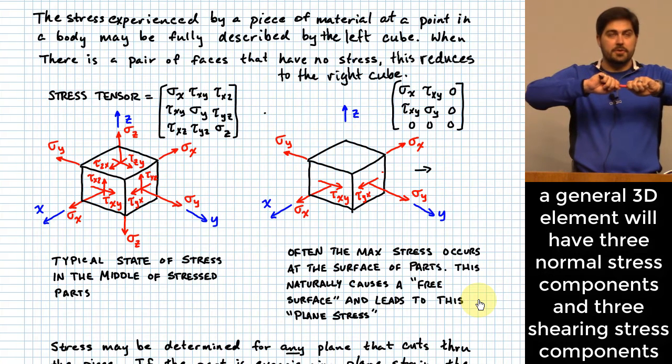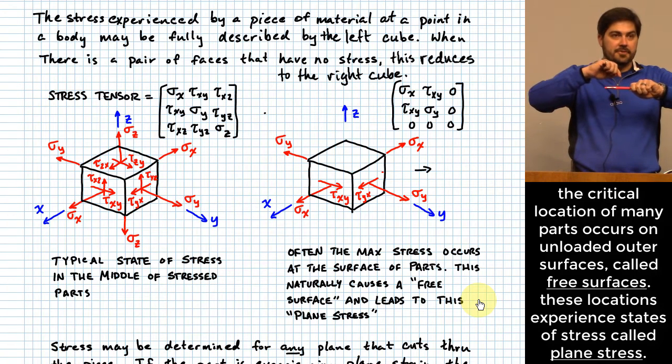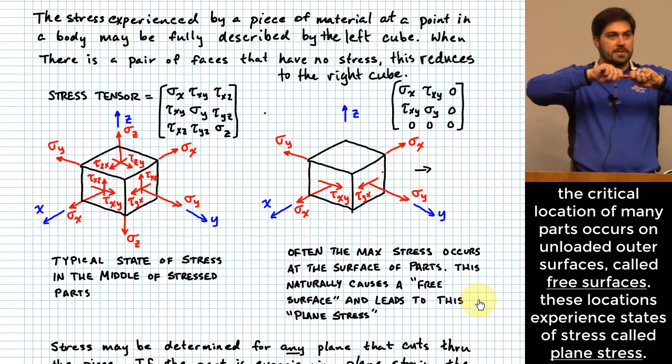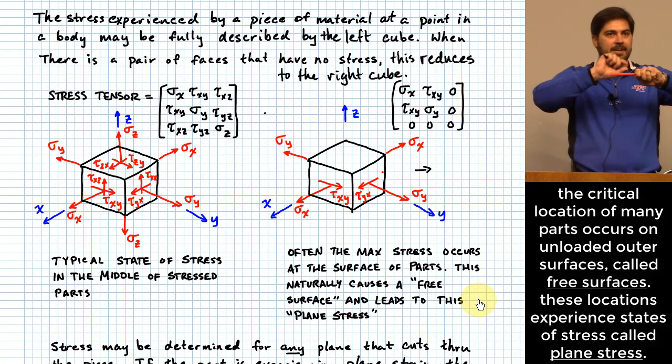And one of the things that you very quickly did in your mechanics of materials class is you saw that the worst case state of stress for a shaft that was twisting was out on the outer surface, right? You remember that? Like the further away you go from the center of twisting, the more stress it was carrying. And so the worst case scenario was out on the outer surface.